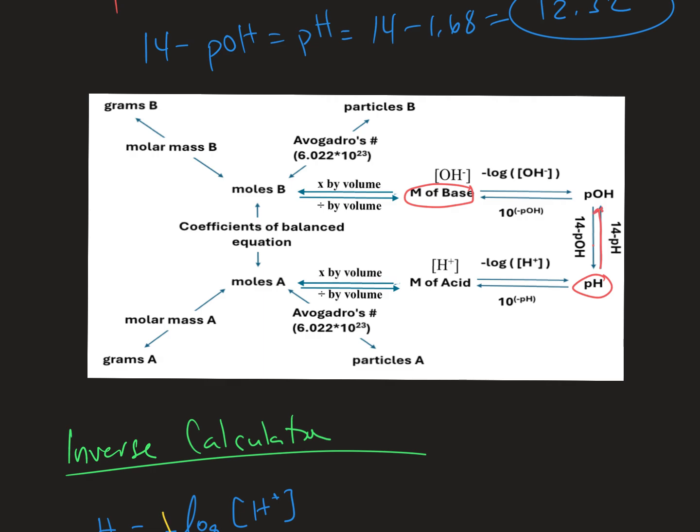We find the pOH, 14 minus the pH. Then we do 10 to the negative pOH, and that gives us our concentration of our hydroxide. And then we convert it, depending on what the ratio is of our hydroxide to our base. So just the opposite. Does that make sense to everybody?